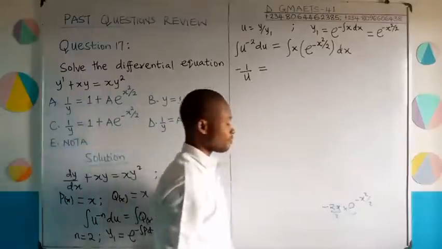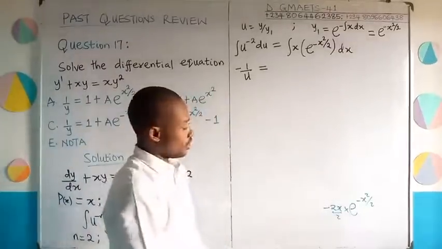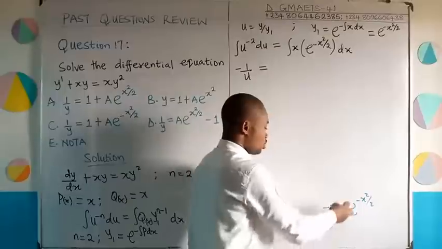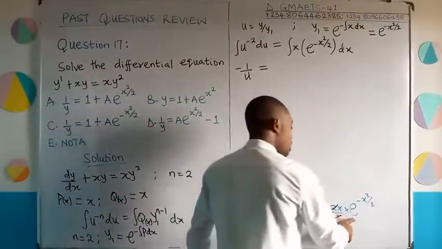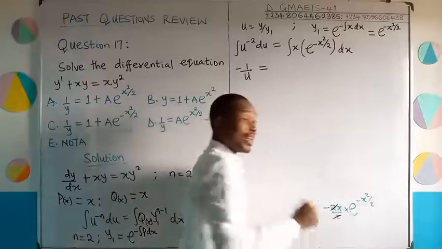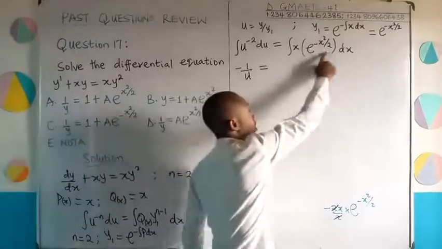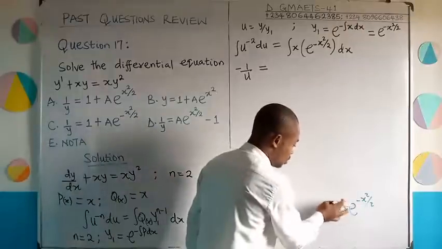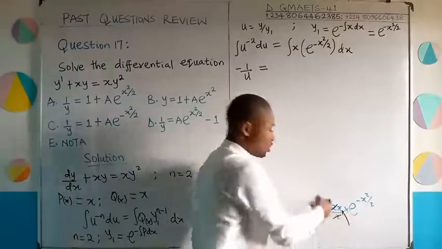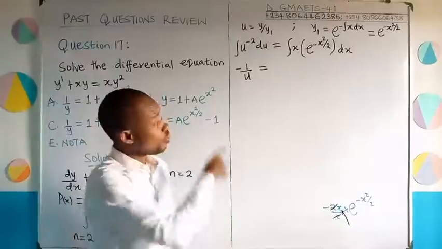That's what we're going to get. You see? This and this will cancel. So you observe that this is negative x times exponential minus x squared over 2. That is if you differentiate this term. Did you observe that it produced an x term for us? Take note. Look at this. The result gave us x, which is what you have there.